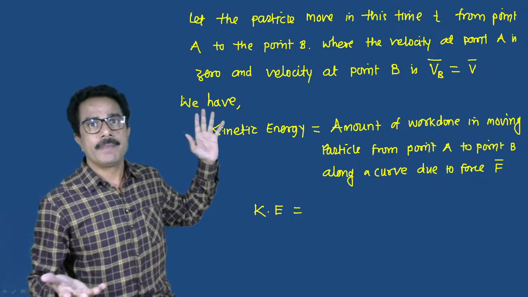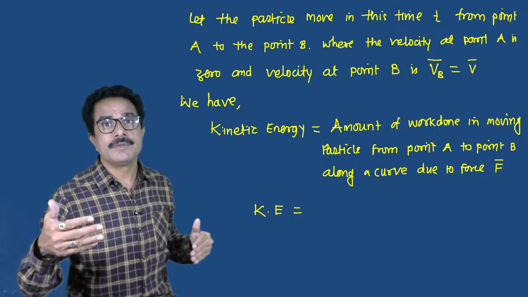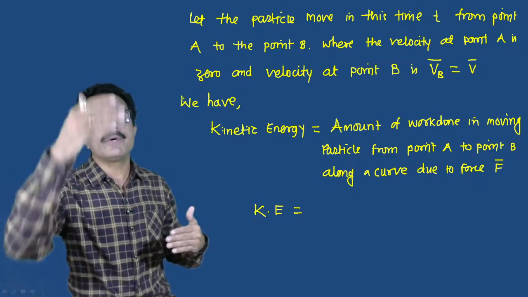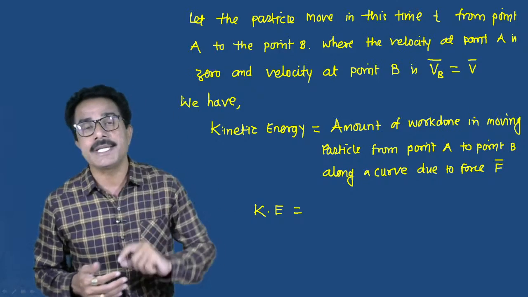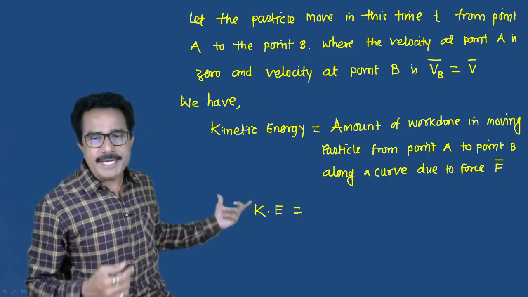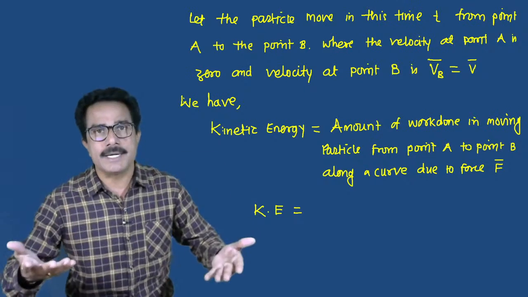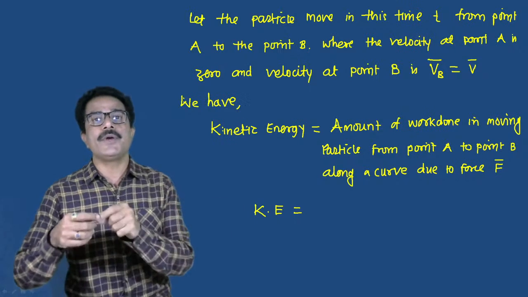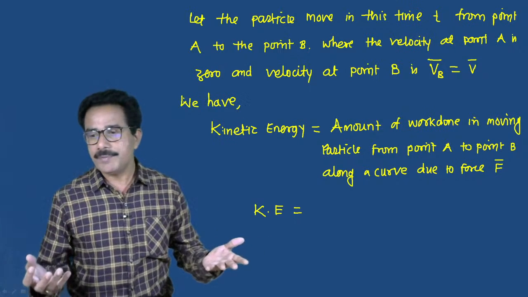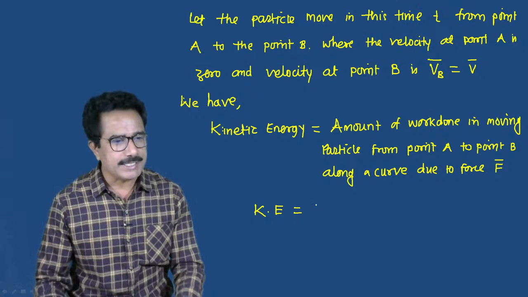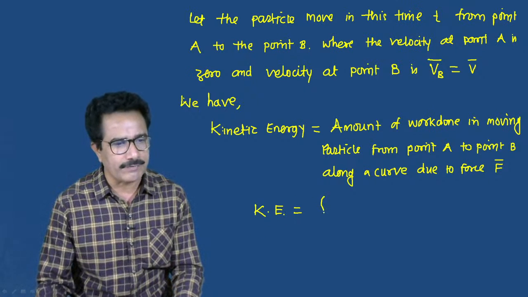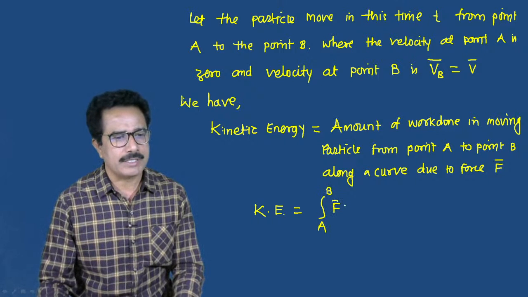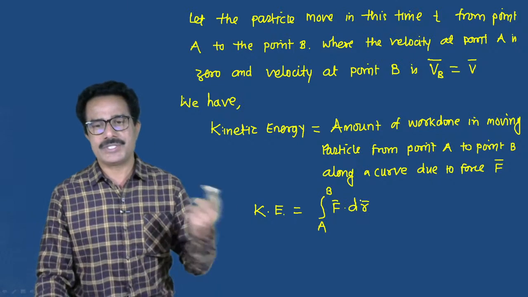We have seen in the theory of work done, the day before yesterday, how to find the work done of a particle. Work done gives the integration from A to B. So kinetic energy means the total work done when a particle moves from point A to point B. It is given by the relation kinetic energy is equal to the integral from A to B of F bar dot dr bar, force into displacement.